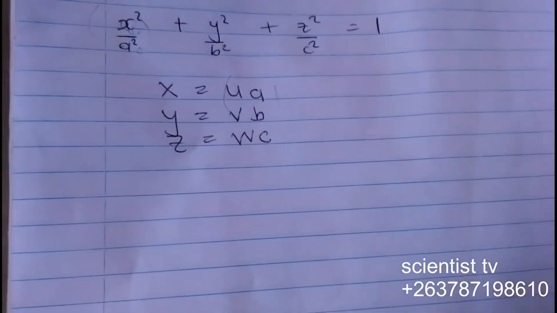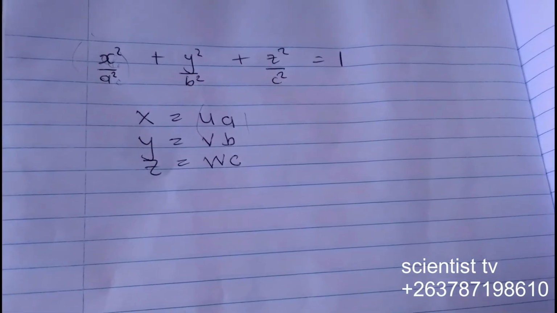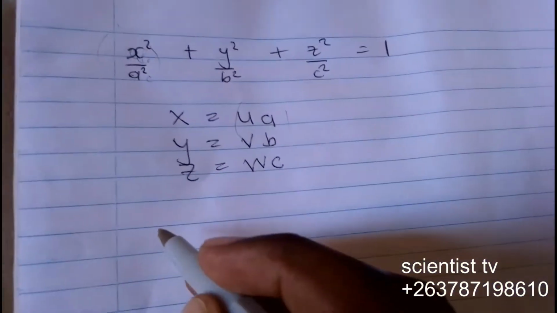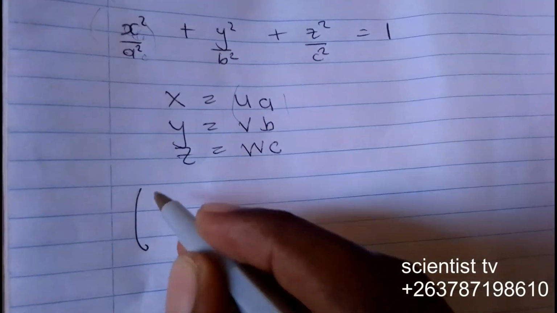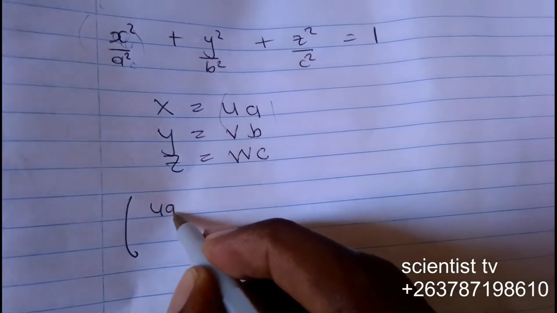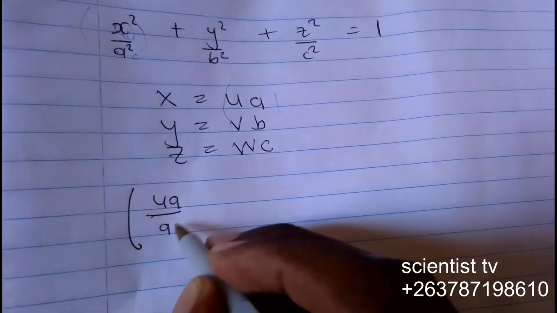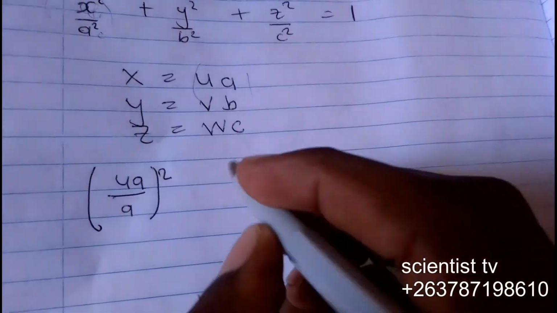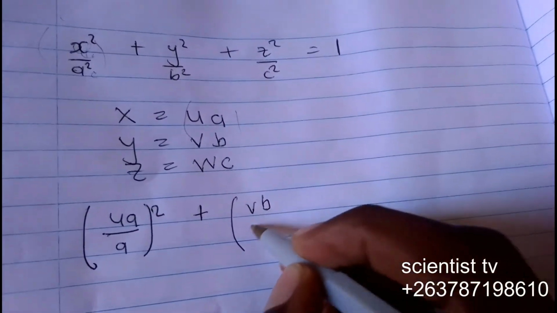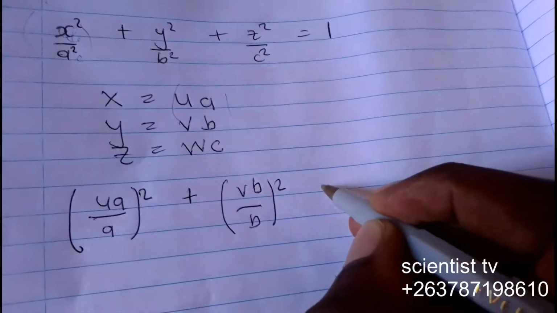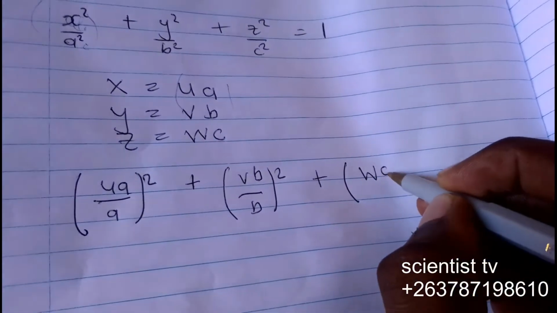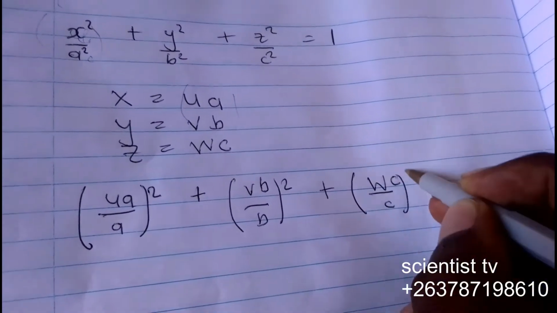w c. If we substitute this into our original equation, they'll just cancel the bottom terms. Substituting here, x squared over a squared, since x is equal to u a, plus y, which is v b, over b squared, plus z, which is w c, over c squared.